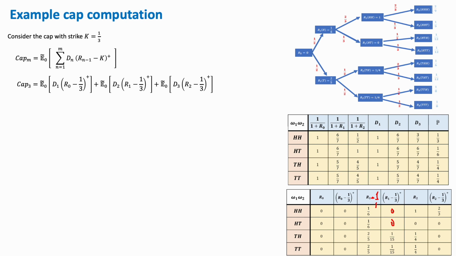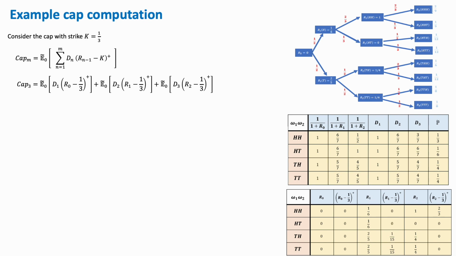If it's anything positive, then we just put that positive amount here. So for example, this 1/15 is coming from 2/5 minus 1/3. And then you do the math, and you will find that you have this amount here.